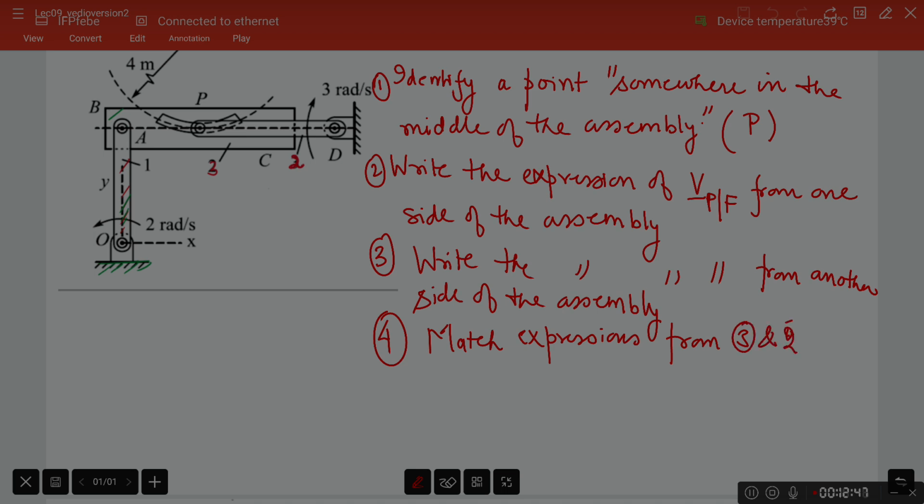This will give you a vector equation or a set of equations, and that will help us find some unknowns.